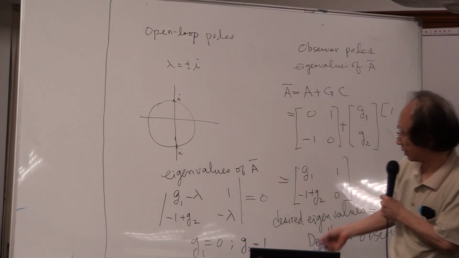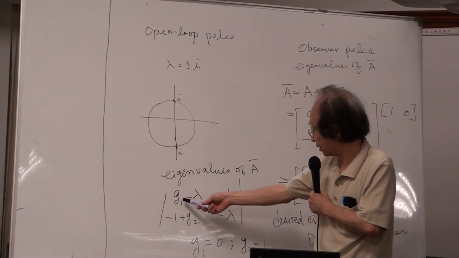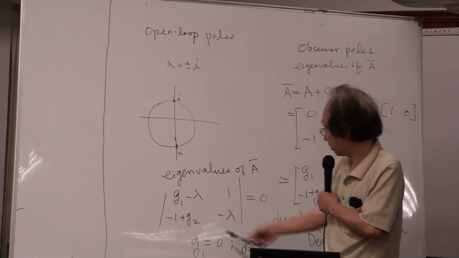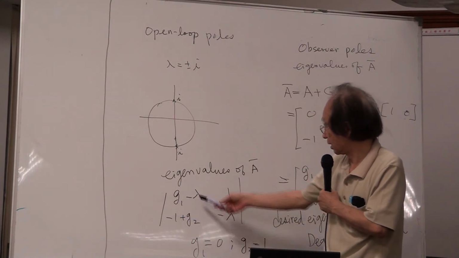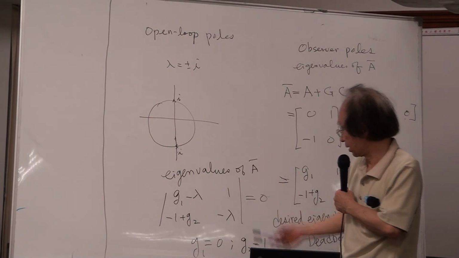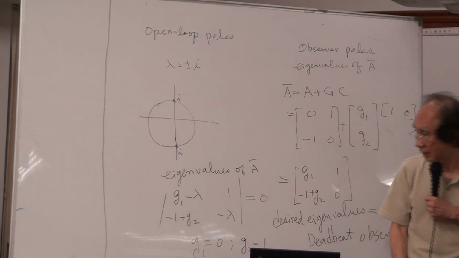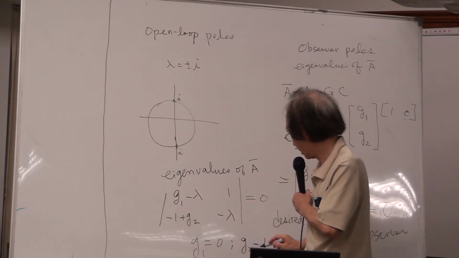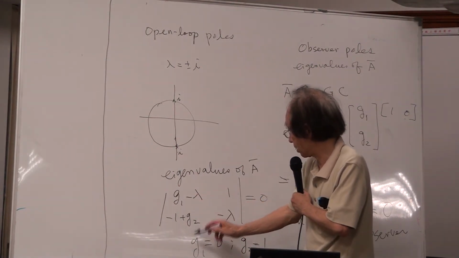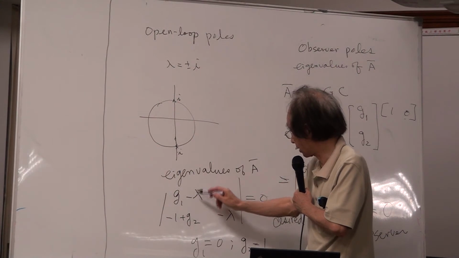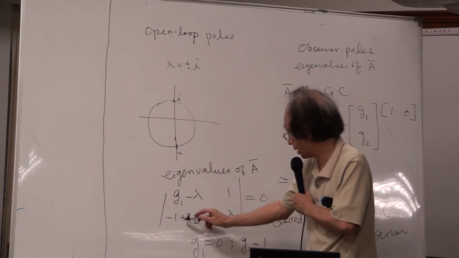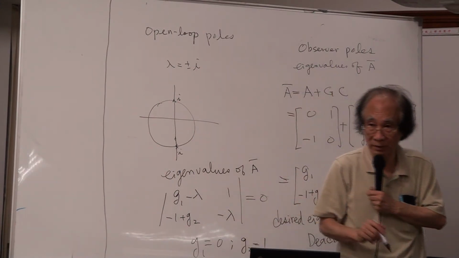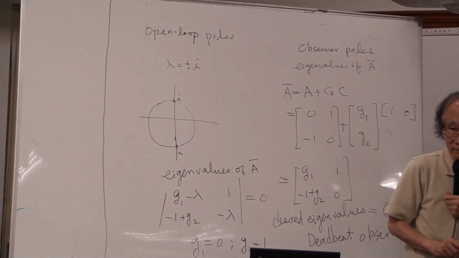If you don't believe me, you can put g1 equal to 0 and g2 equal to 1, 0, 0. Then that's lambda equal to 0, 0. If this is 0, this is 1, and this is 0, this means minus lambda, 1, 0. The eigenvalue of that will be 0, 0. Agree?